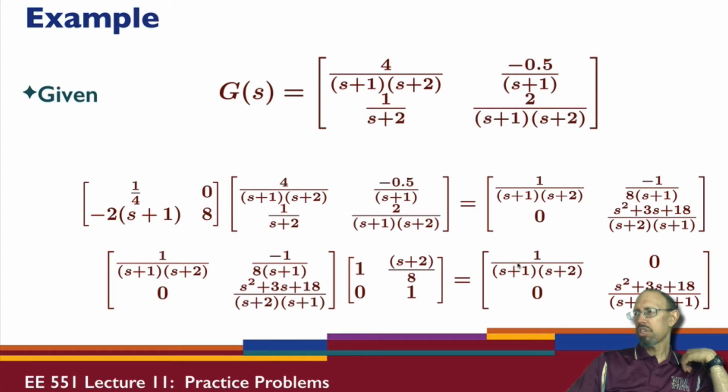So that's how this column is chosen. And I chose this guy to be 1 to keep it simple, as opposed to some other number like 8. I could multiply this column by 8 and I would still get 0 here. So anyway, this is what I get when I multiply this matrix by this unimodular matrix.